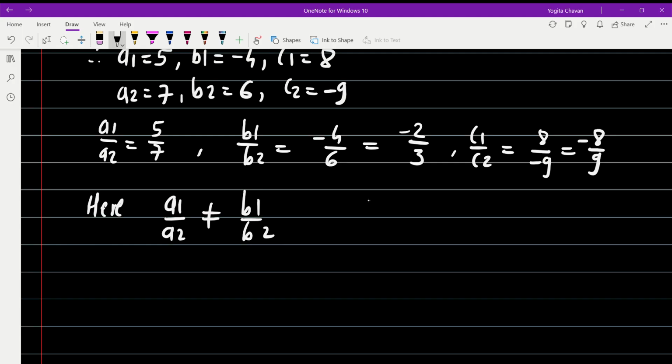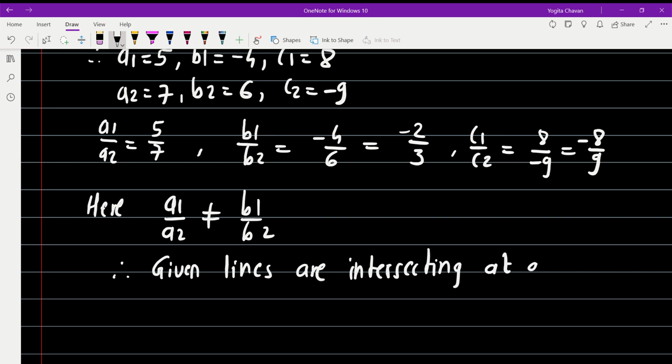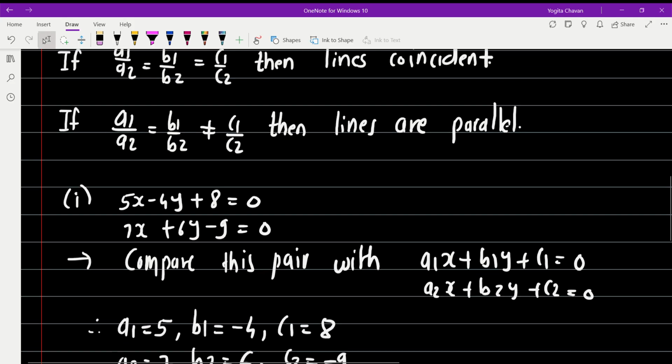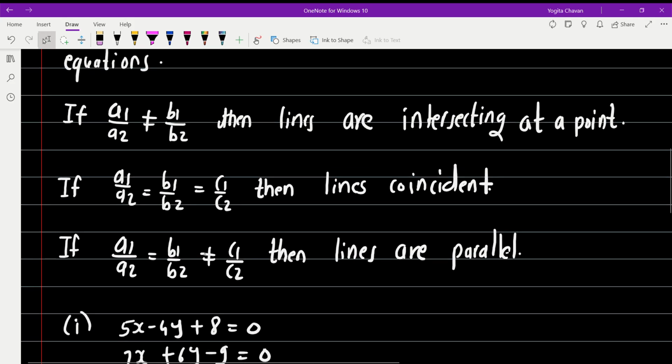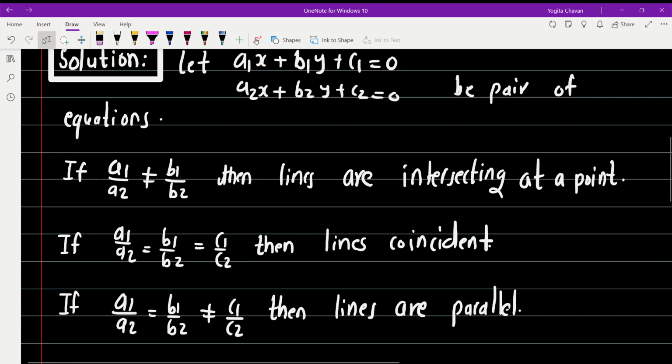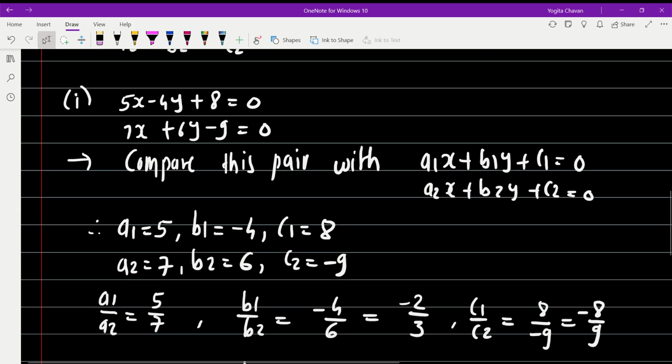Okay, and therefore the given lines are intersecting at a point. जो दो डिफरेंट लाइन है वो एक पॉइंट पे इंटरसेक्ट करेंगे. ठीक है. Here if a1 upon a2 is not equal to b1 upon b2, then lines are intersecting at a point. So number 1 done.